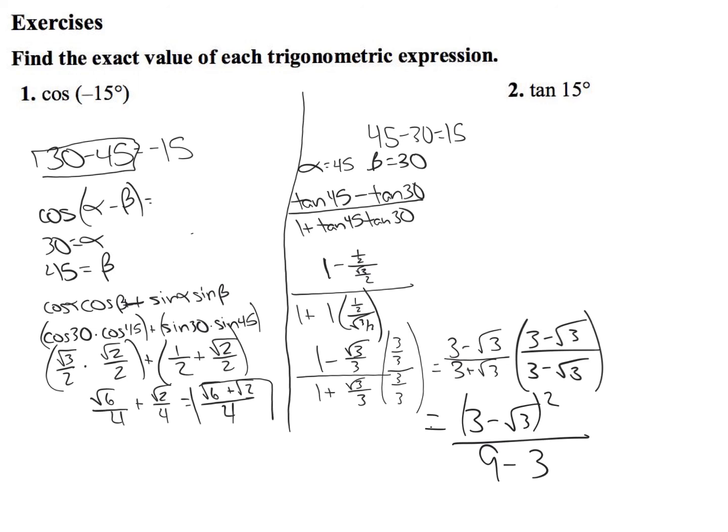All right, 3 minus a negative root 3 times 3 minus a negative root 3. When you multiply that out, you will get 12 minus 6 root 3, and the denominator is still 6. Simplify that out, you get a 2 minus a root 3, and that right there is your answer.